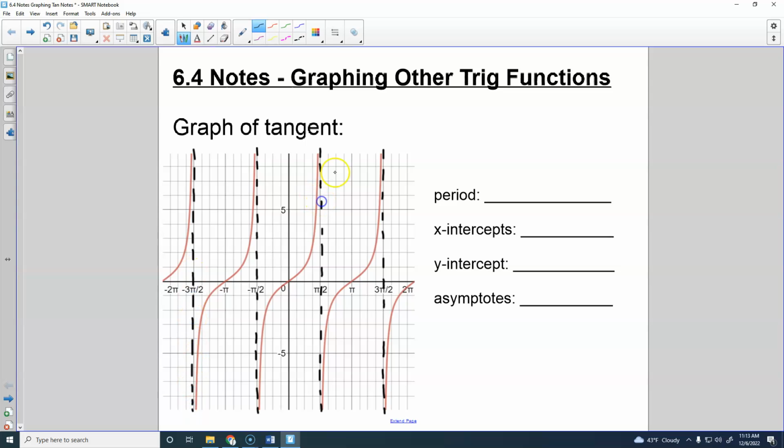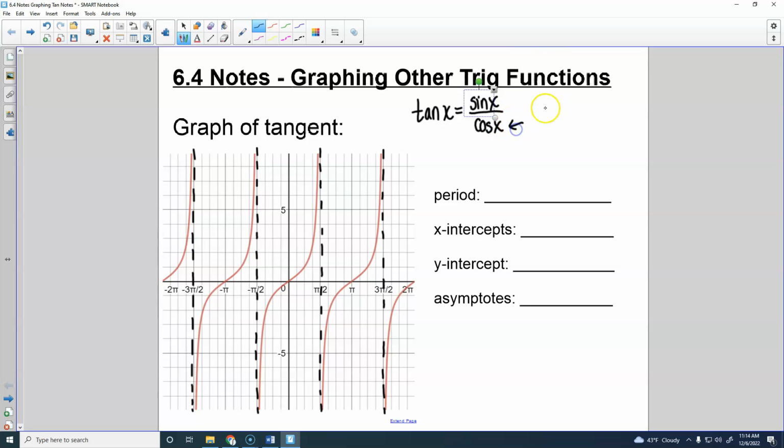If you think about what tangent is equal to, tangent of x, what was that identity that we used for that? What was tangent equal to? We had to do it with the unit circle. Sine x over cosine x.